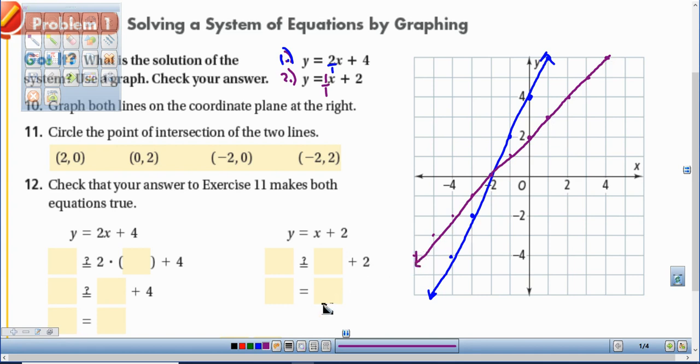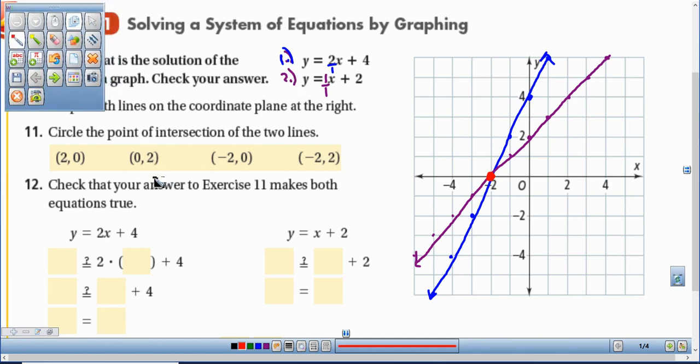Okay, I didn't draw that perfectly, but what you can see is that there is a crisscrossing right here, and that is a point that represents a solution not only to equation 1, but also to equation 2. So that is the solution to the system.